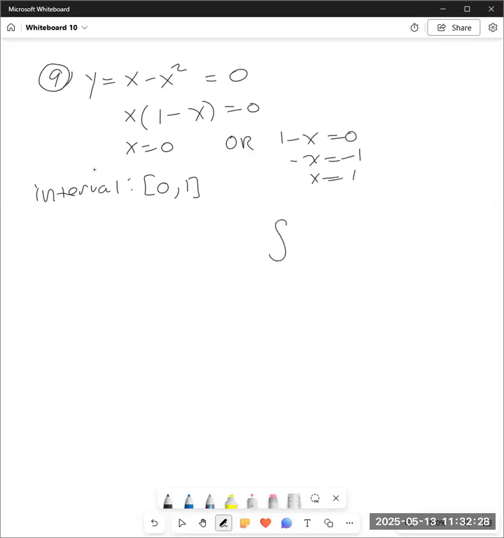Let's talk about the fundamental theorem of calculus for a second. It says that the area under the curve, between the curve and the x-axis, can be given as the integral from a to b of f of x dx, which is equal to the antiderivative evaluated at b minus the antiderivative of f evaluated at a.